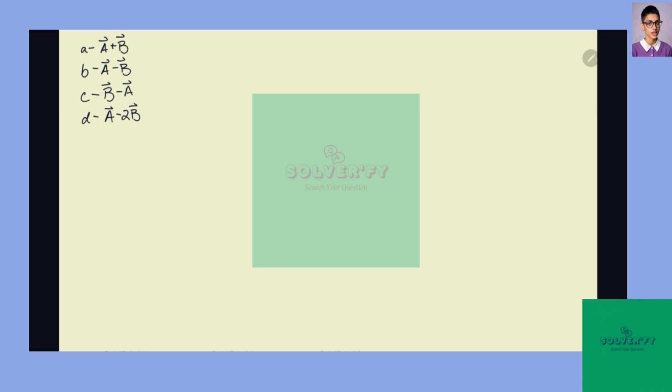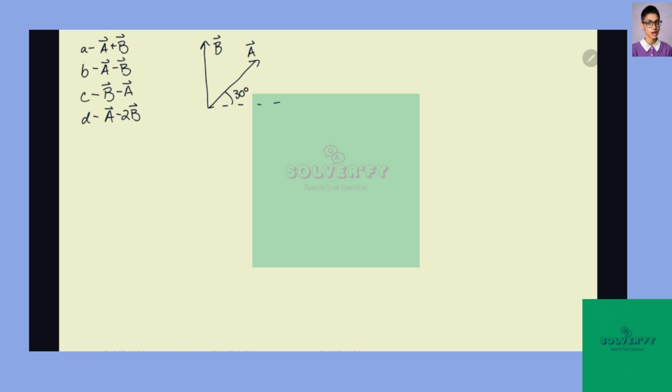Starting off, the vector B looks something like this. It is vertical. And then we have A, which looks something like this, which is 30 degrees up from the horizontal.